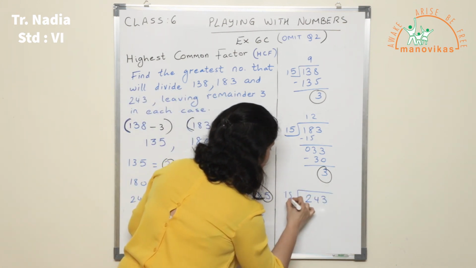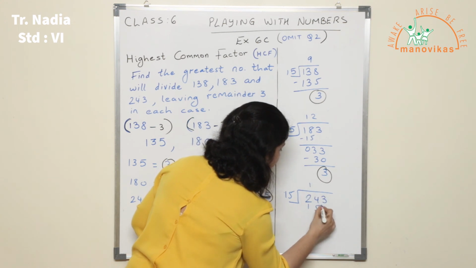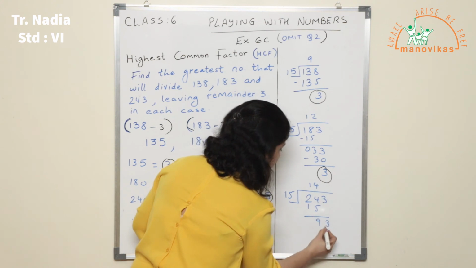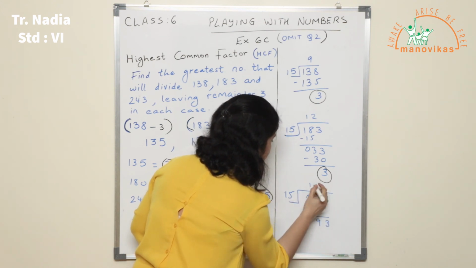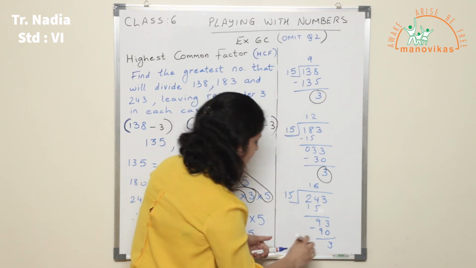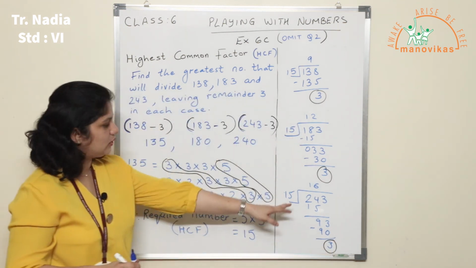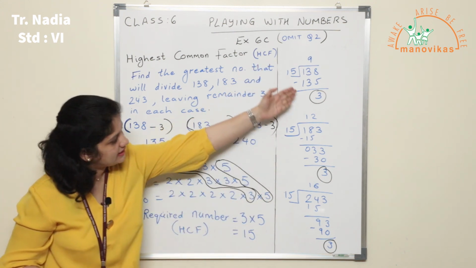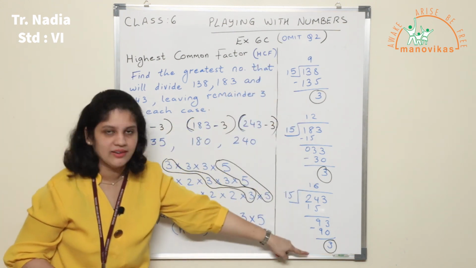Let me try dividing it by 15. 15 ones are 15. 9 is the remainder 3. 15 fours are 15 6 are 90. Again remainder 3. So when I tried to divide the original numbers with the HCF that I got, you can see that everywhere I am getting a remainder 3.